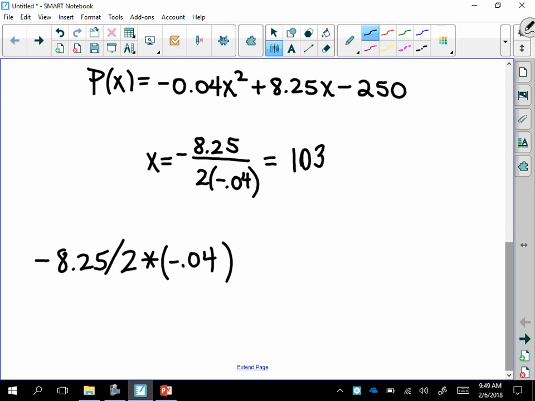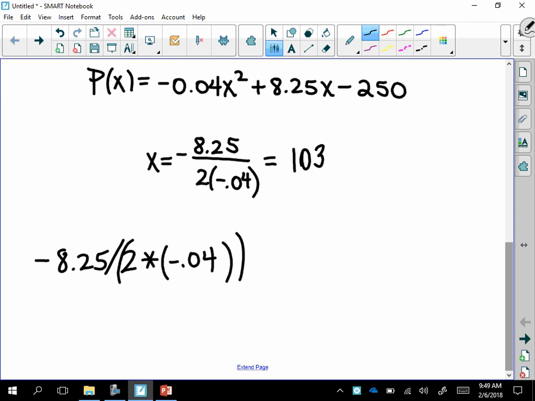That's not what you really intend. You intend for that denominator to be multiplied out, and then 8.25 divided by the product of that denominator. So you've got to put that entire denominator in parentheses, and that's when we get 103. Yeah, but 104. It's 103.125.